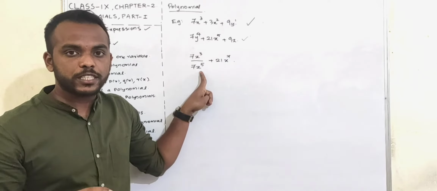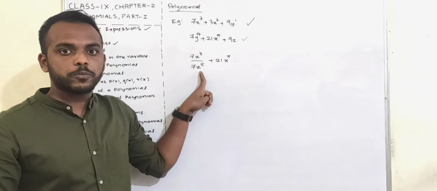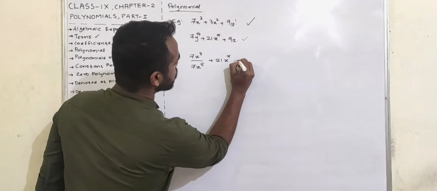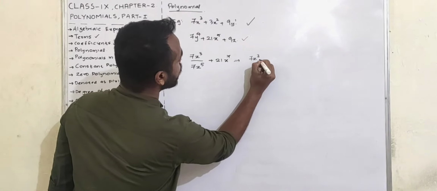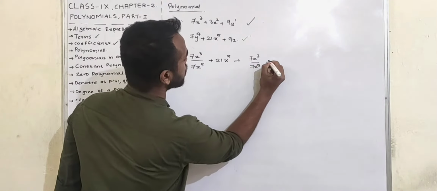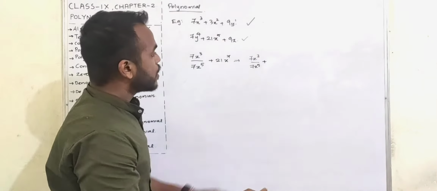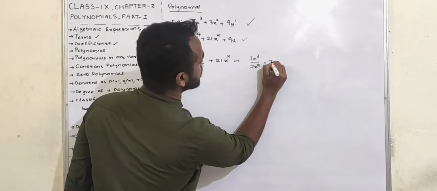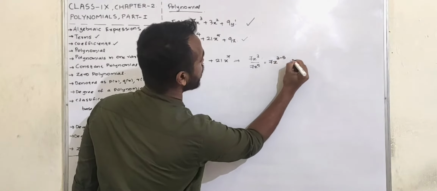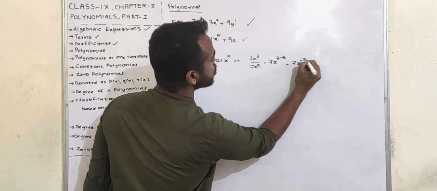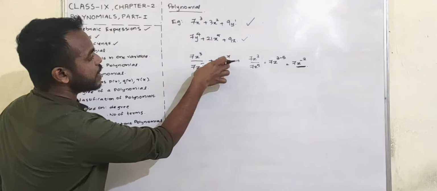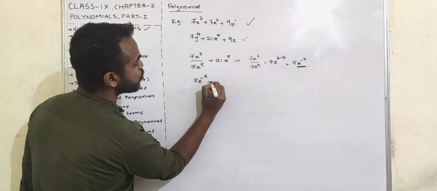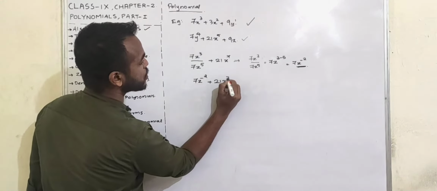In the section laws of exponents in our first chapter, we have learned how to manage this. So 7z cubed by 7z raised to 5 can be written as 7z raised to 3 minus 5, or 7z raised to minus 2. So this expression becomes 7z raised to minus 2 plus 21x raised to 7.